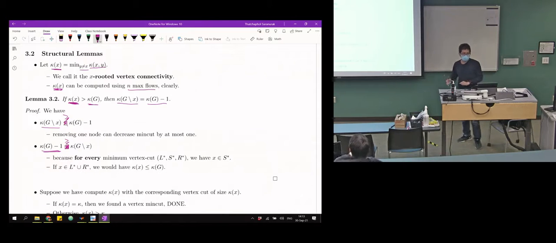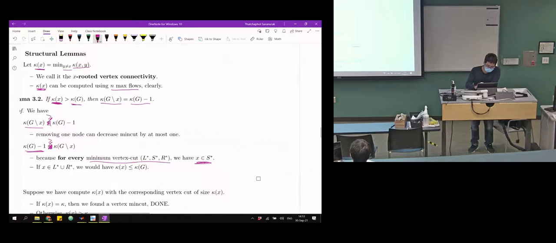So we want to say that if you remove x, then you know for sure that the size of the min cut must reduce. The reason is that if you take any min cut, it's necessary that x must be in the separator. Why is that?